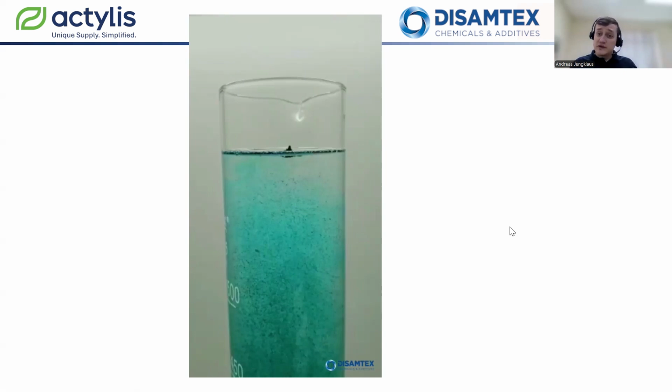And once a few drops of the wetting agent are added, it rapidly reduces the surface tension at the interface, and as a result, the pigment immediately disperses and sinks into the liquid, demonstrating effective wetting action.